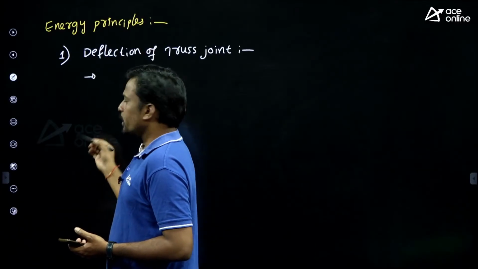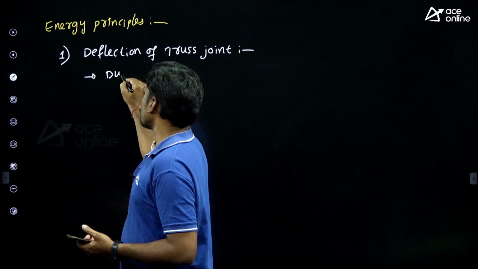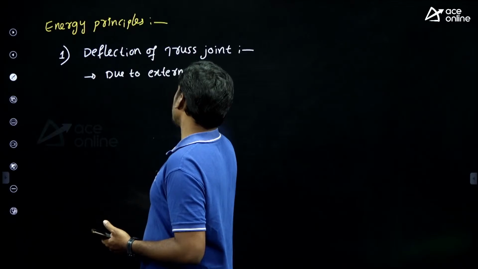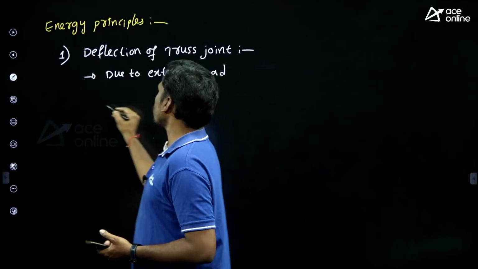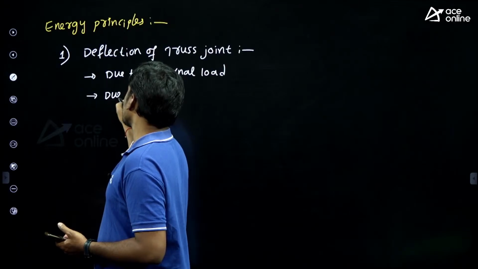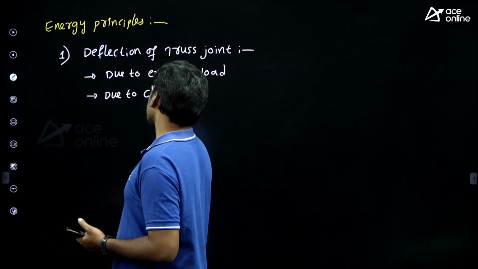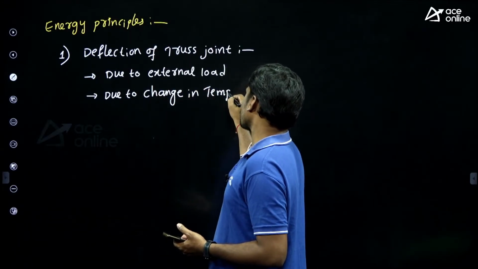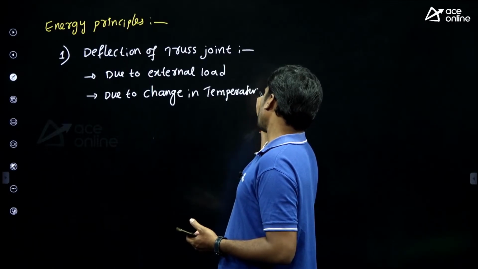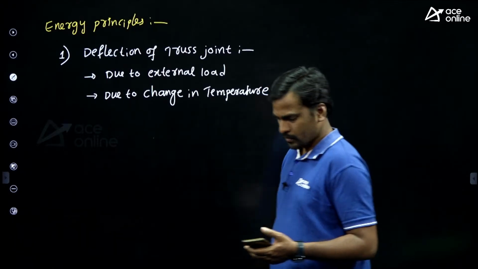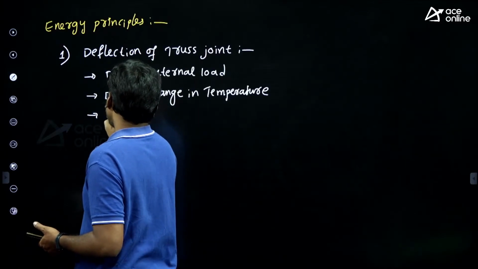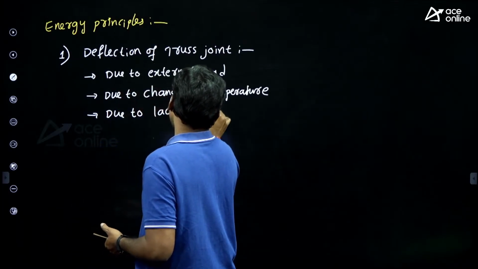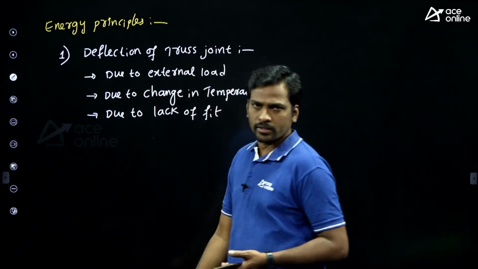First one is deflection due to external load. Next, due to change in temperature. Okay, next, due to lack of fit, also called fabrication error, right?